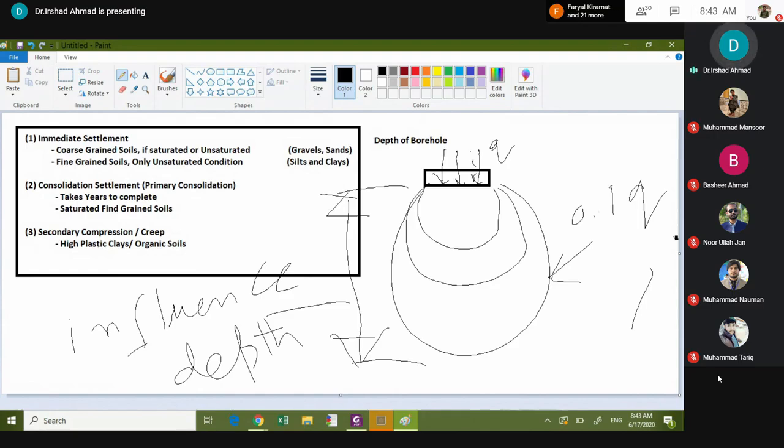So the question arises, how deep is the influence depth? Your borehole must go as deep as this.